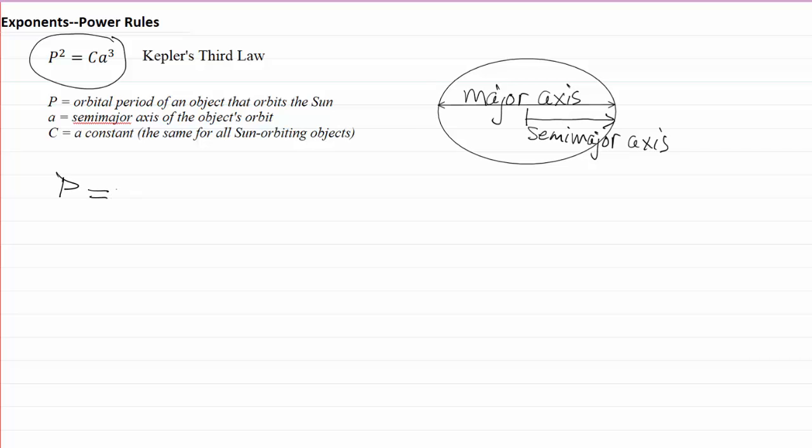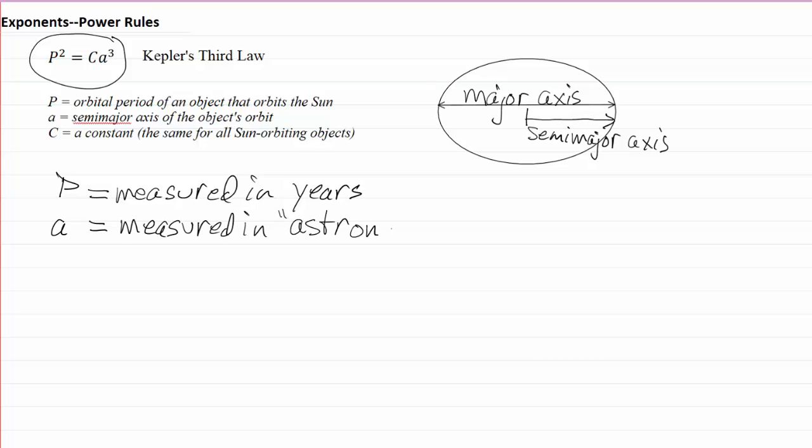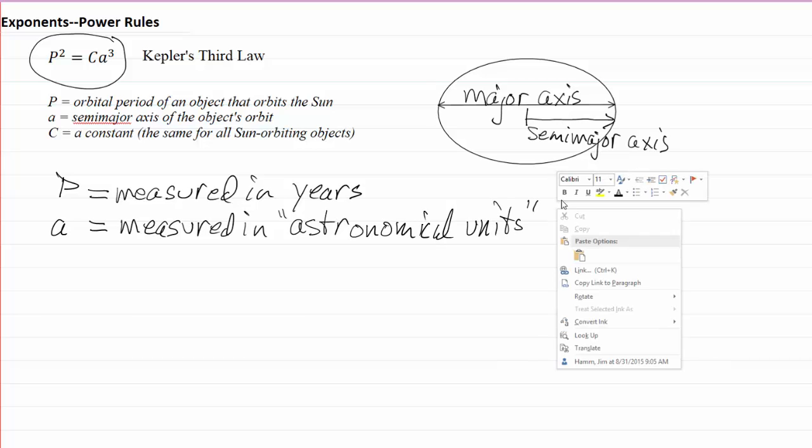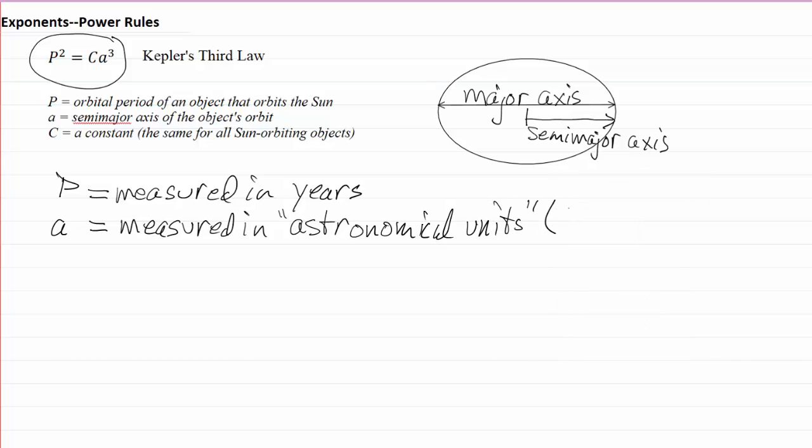P is going to be measured in years. A is going to be measured in something called astronomical units. The abbreviation for an astronomical unit is AU.